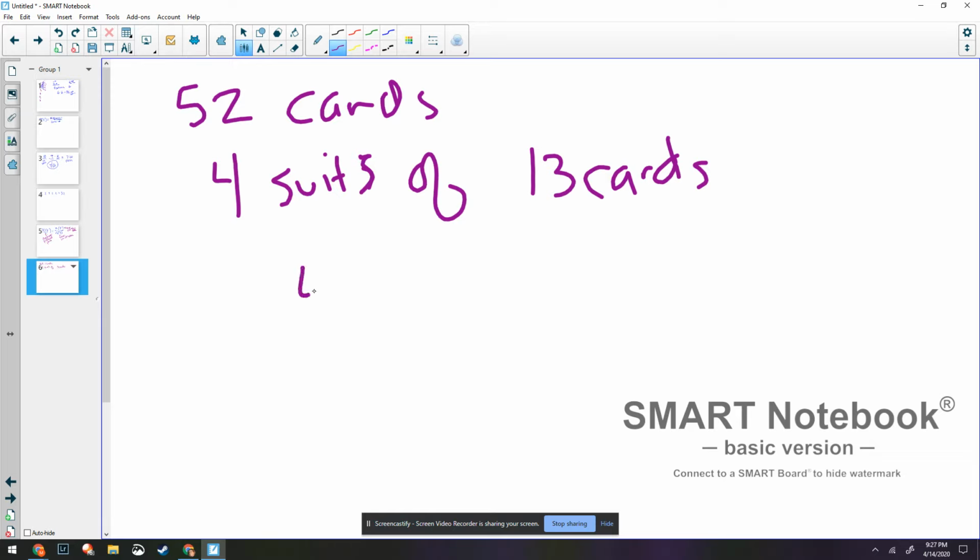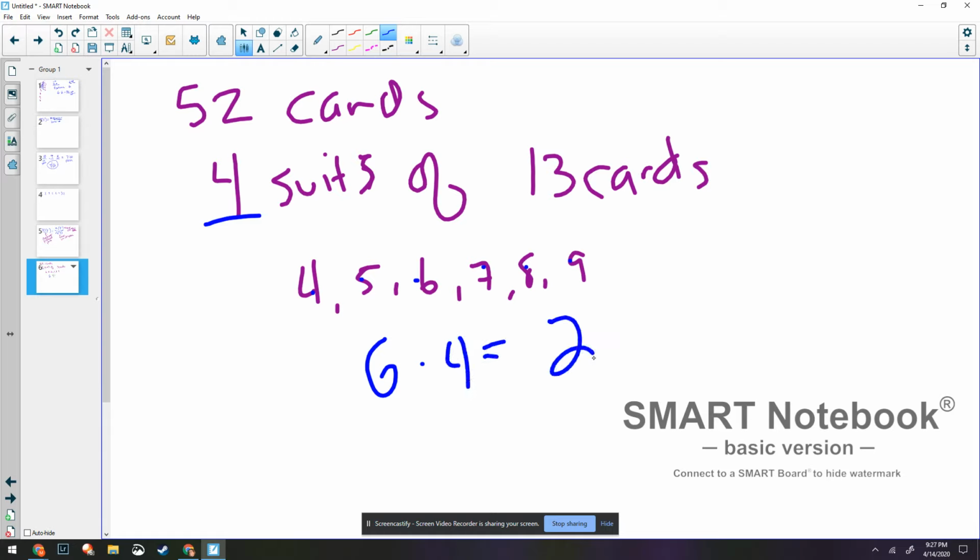So that means you can get a 4, 5, 6, 7, 8, or 9. Now, if you count those up, that's 6 possibilities. However, because of those 4 suits, there's actually 4 4s, 4 5s, 4 6s, 4 7s, 4 8s, 4 9s. So there's 6 possibilities for the number times 4 possibilities for the suit. So there's actually 24 ways that could happen.